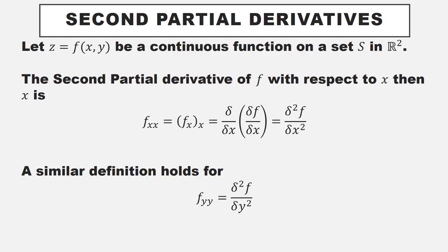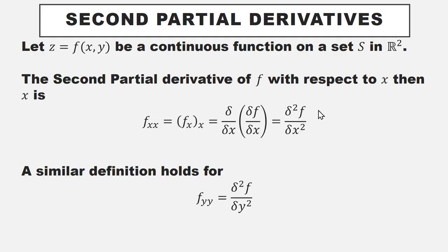If I take the second partial derivative of f with respect to x, then again with respect to x, I'm taking f sub x x. Basically, I take a derivative with respect to x of my f sub x.